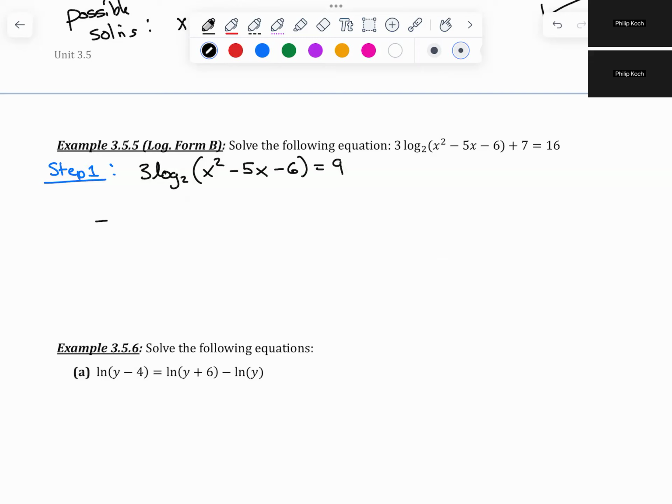So that tells me that log base 2 of x squared minus 5x minus 6 is equal to 3 when I divide both sides by 3.